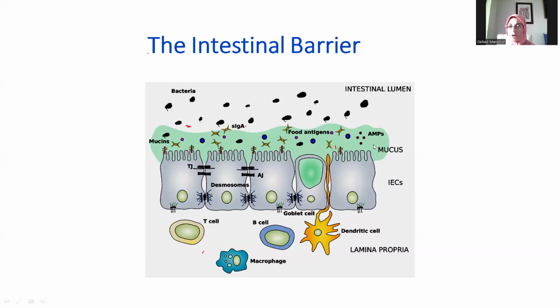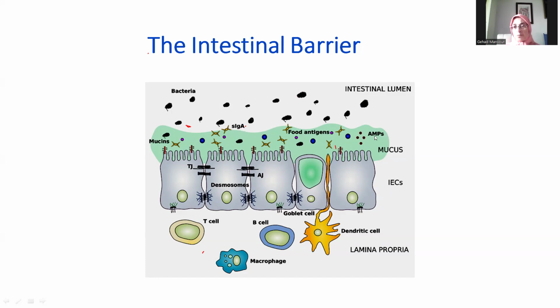That's why we describe it as being like a sieve-like layer, in addition to two important molecules, the AMPs or antimicrobial peptides, and the SIgA or the surface immunoglobulin A.